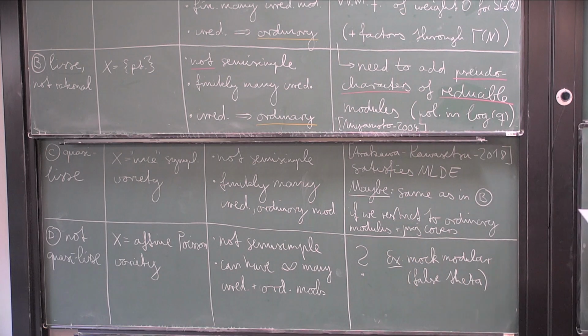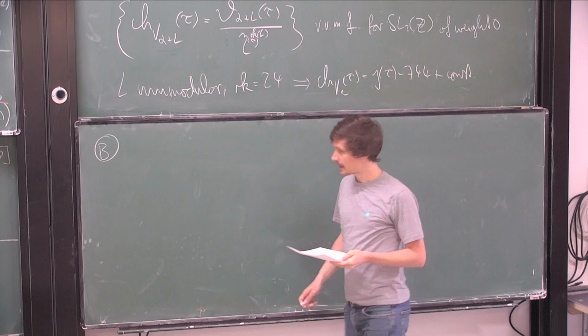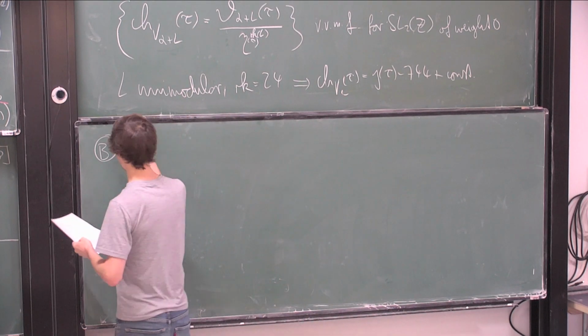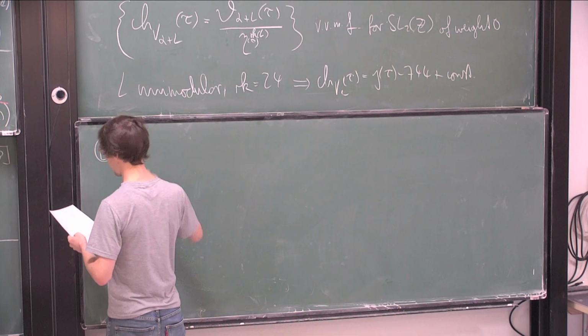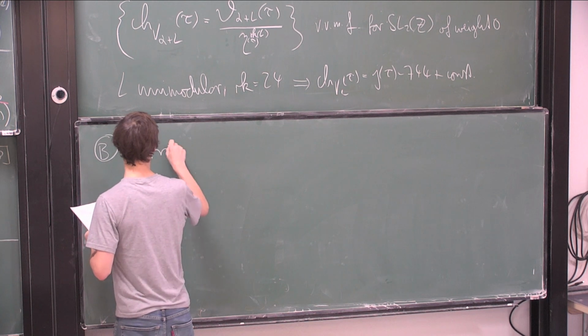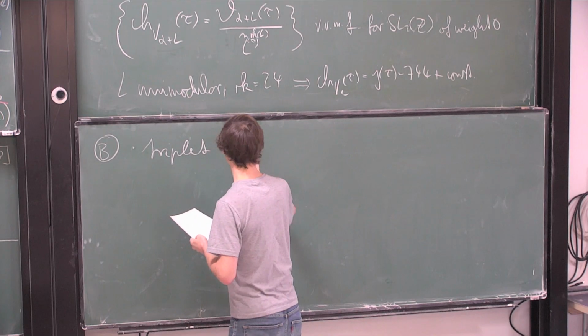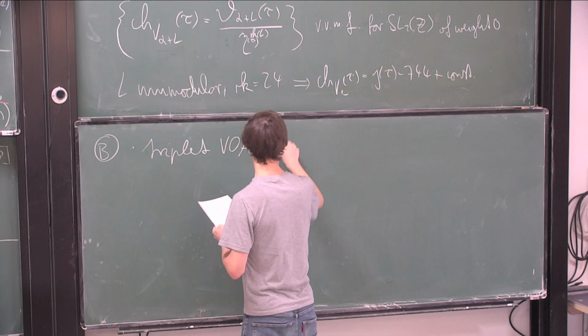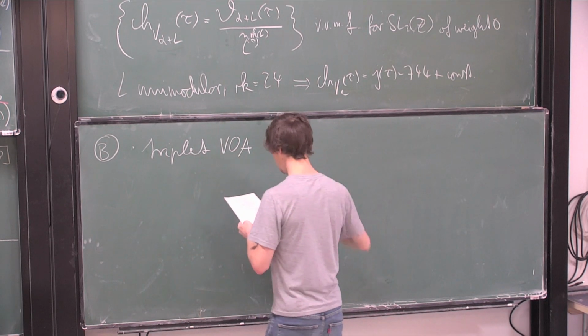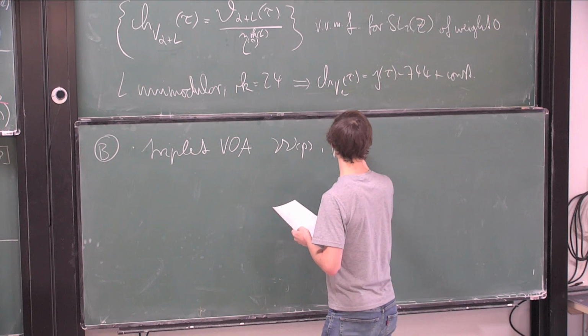But for B, so for a long time we didn't have examples for B. So this was somehow, well, this came in maybe around 2000. People came up with these examples. And the most famous one is called the triplet VOA. Depends on the parameter P, where P is greater or equal to 2.